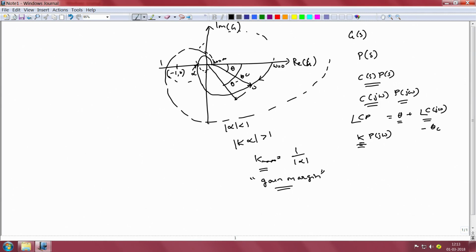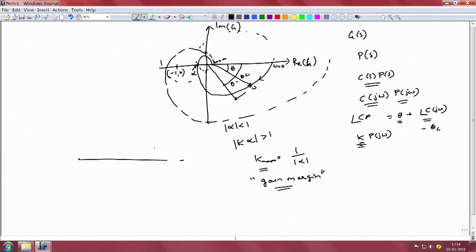Now let us ask a question complementary to the one that we asked just a few minutes back. If we had a purely proportional controller, a controller that does not add any phase but only amplifies the open loop gain, then we found that there was an upper limit to the extent by which that gain amplification is possible, and we called that upper limit the gain margin.